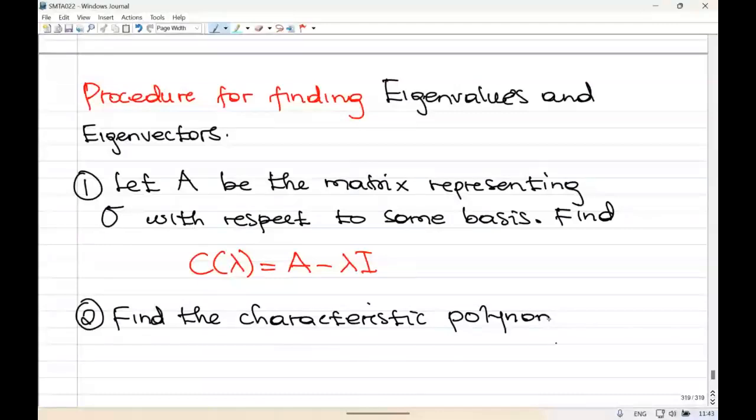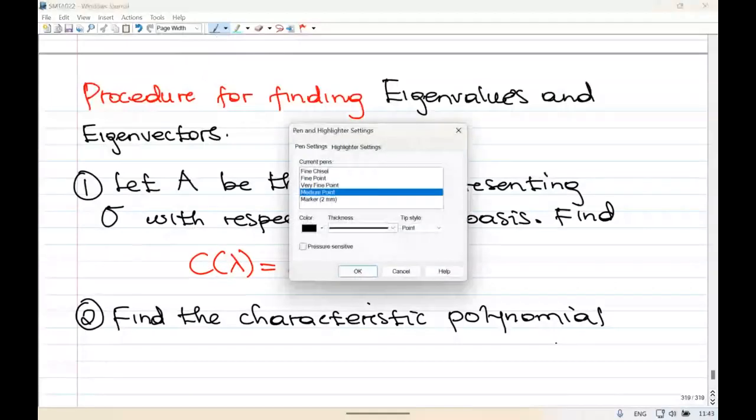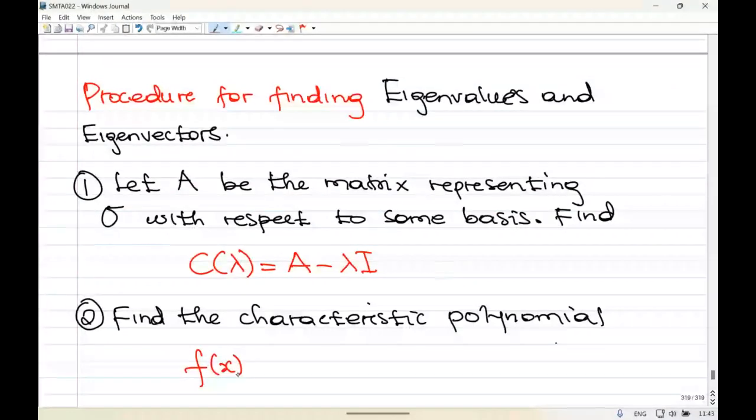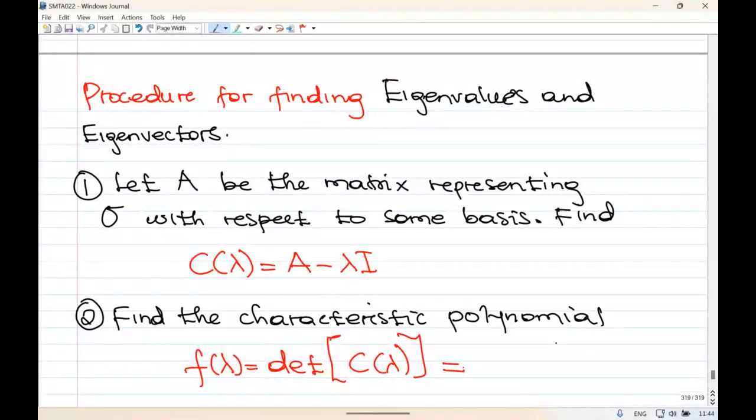On Wednesday, we agreed that you are talking about your f of lambda, which is equal to the determinant of C lambda, and you know that this is the same as the determinant of A minus lambda I. Do you still remember that, colleagues?